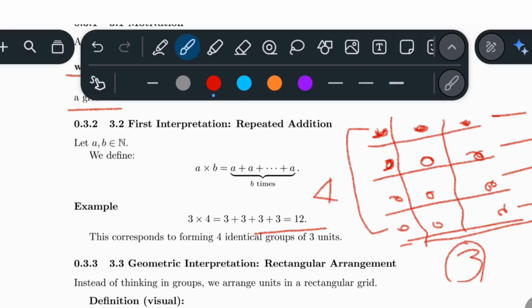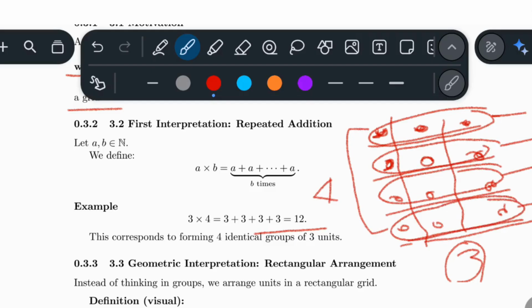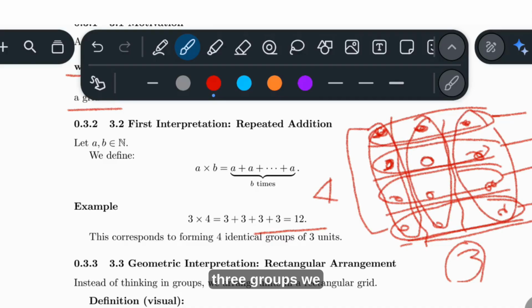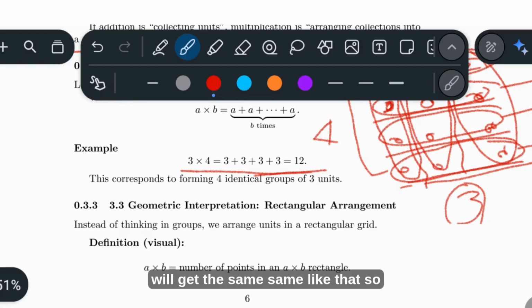This is repeated, like that. Group of 3 dots, chunks of 3 dots into 4 groups, and either we can say chunks of 4 dots into 3 groups, you will get the same thing.